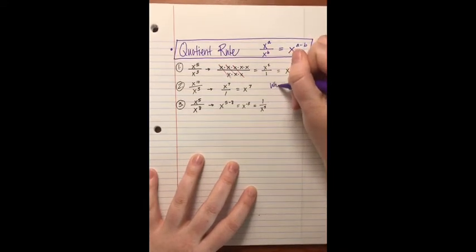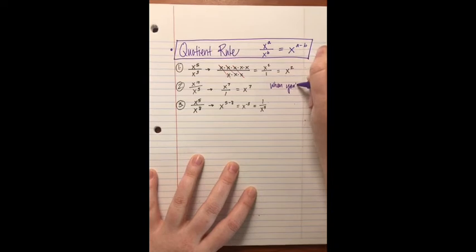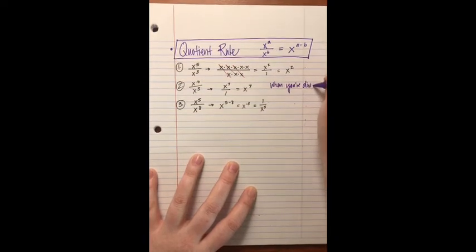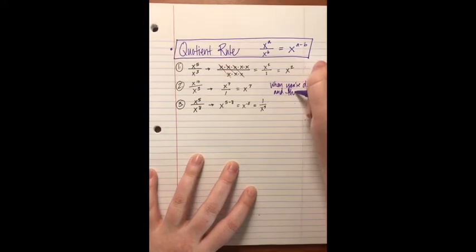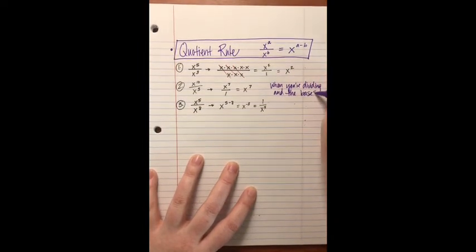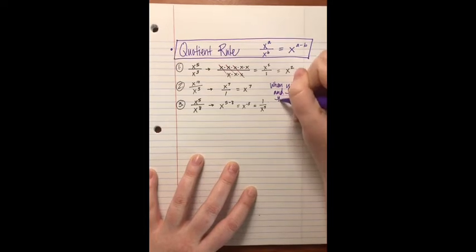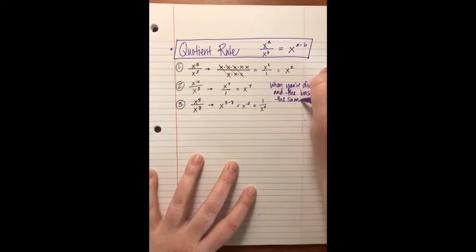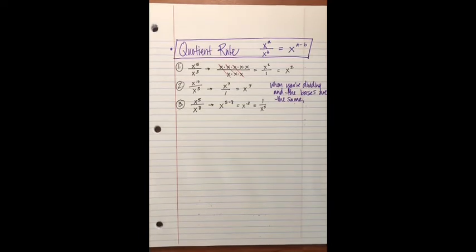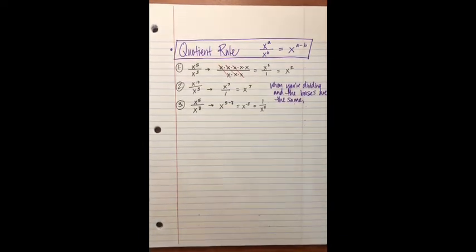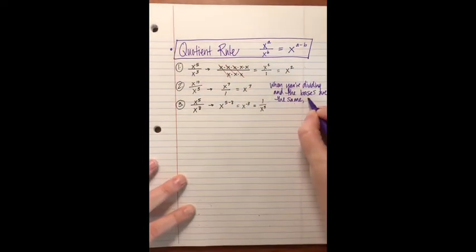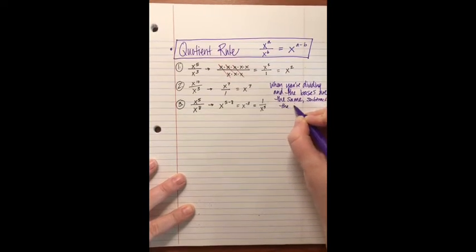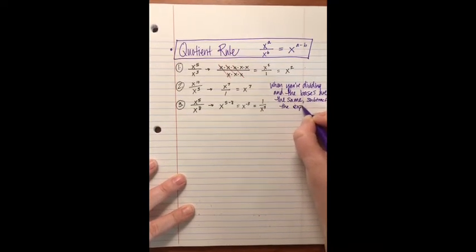When you're dividing and the bases are the same, and then ask yourself, what do you do with the exponents? You subtract them. Subtract the exponents.